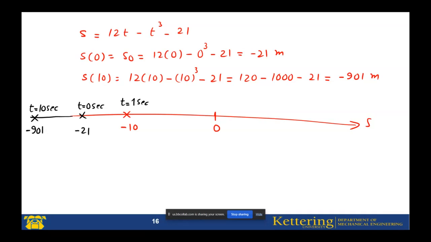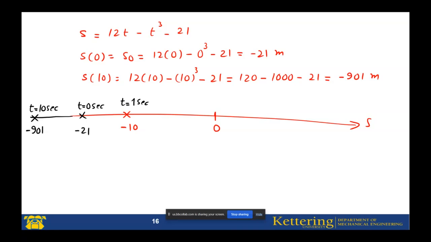Now you can see that this particle started to move from 0 seconds, moved to the right, then went somewhere and returned back to this position. Also, we can find t equal 2 seconds, 3 seconds, 4 seconds, any of them to find how this particle moves.